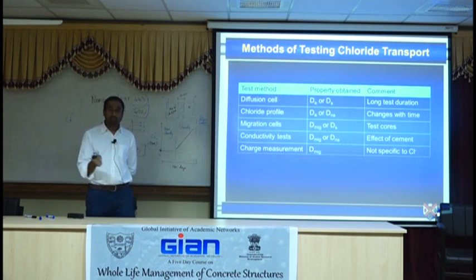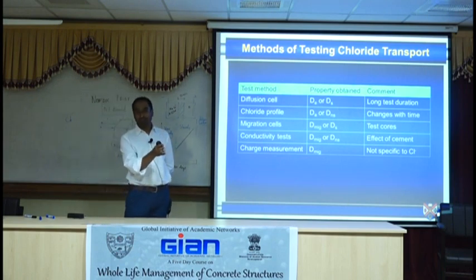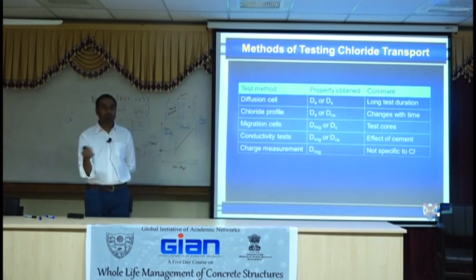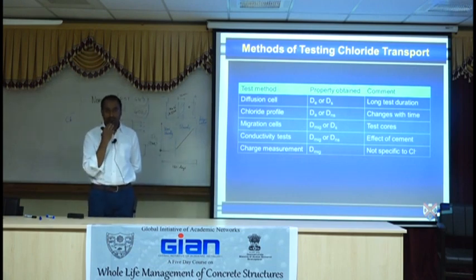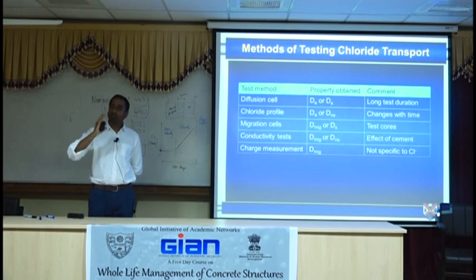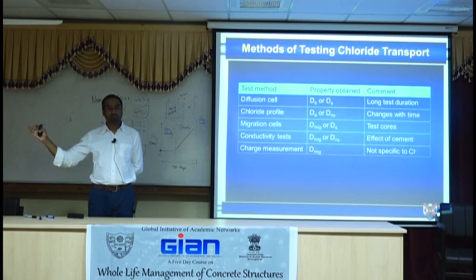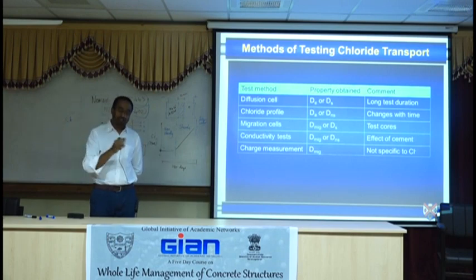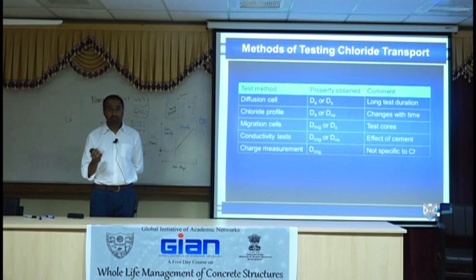So pervious concrete against a traditional concrete, which is M40, which one will allow more chlorides? Pervious concrete. It's just going to let the flow through. They both have the same strength. One has perfect flow, nearly streamlined flow, and the other one won't flow that easily, right?